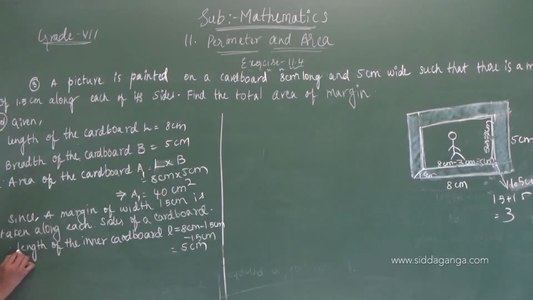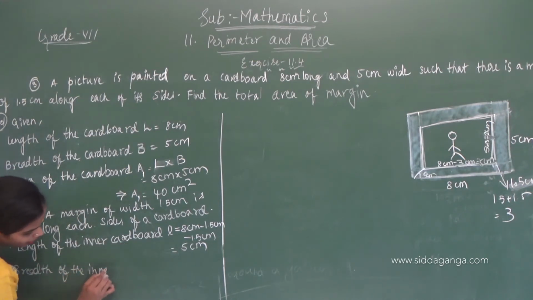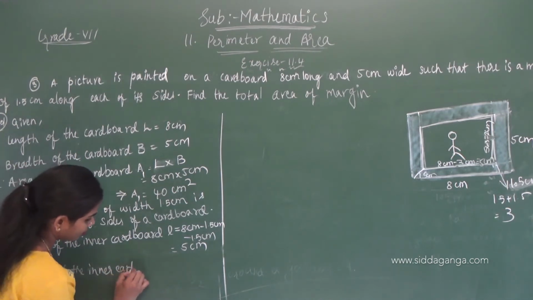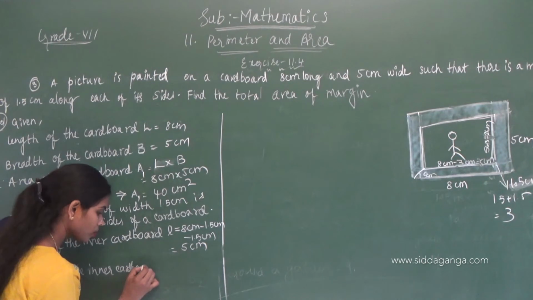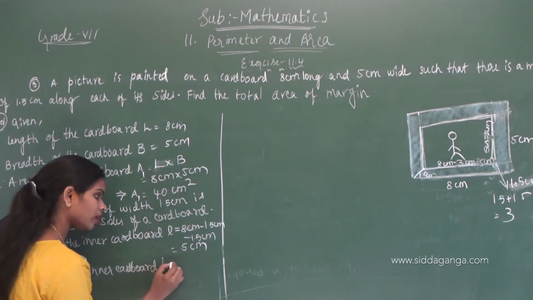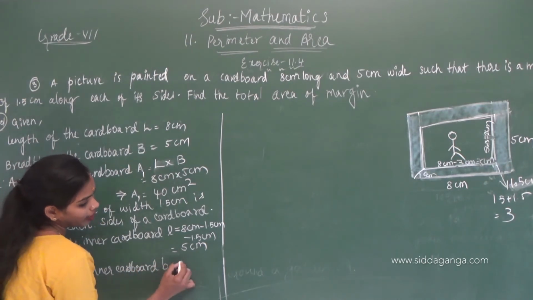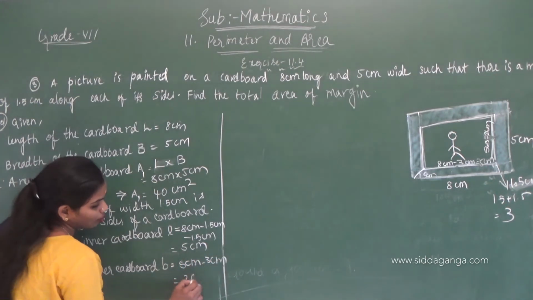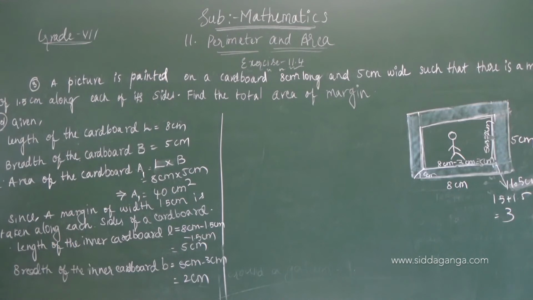And then breadth of the inner cardboard B equals 5 centimeters minus 3 centimeters. What is it? 2 centimeters.